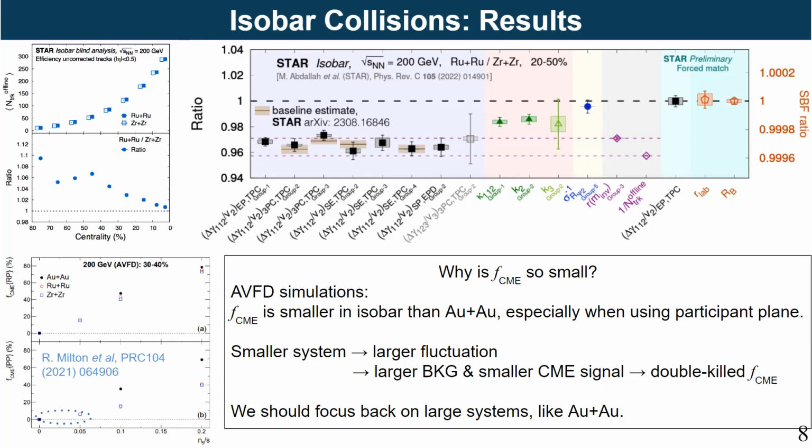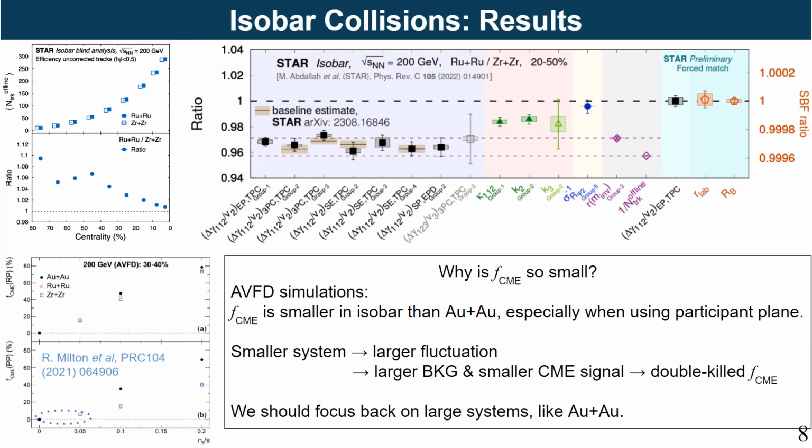So that's why even in gold at 200 GeV, if we use reaction plane, we see something like 20%, and you convert it to isobar with spectator plane, you will see only a few percent. Then you multiply that by 15%, and it gives you something consistent with 0. You won't see it.